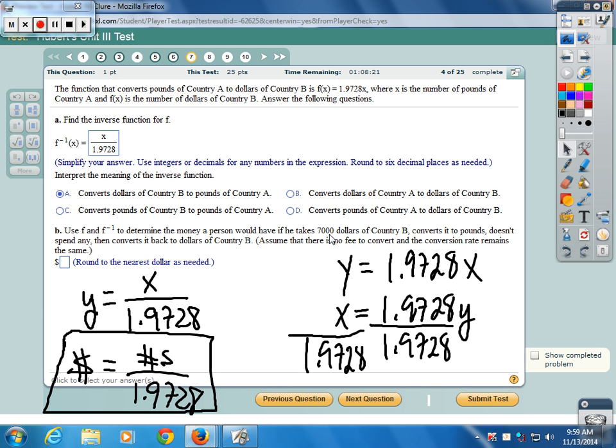Convert it to pounds. So plug and chug. Somebody tell me what you get. Is that what everybody got? Wait, round to the nearest dollar. Is that what everybody got?